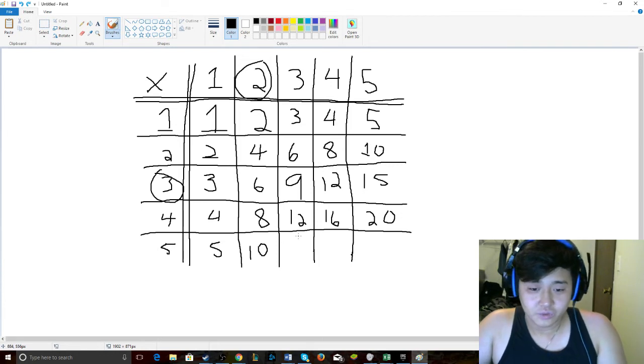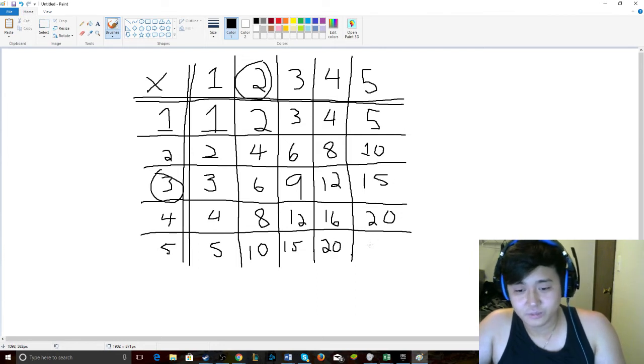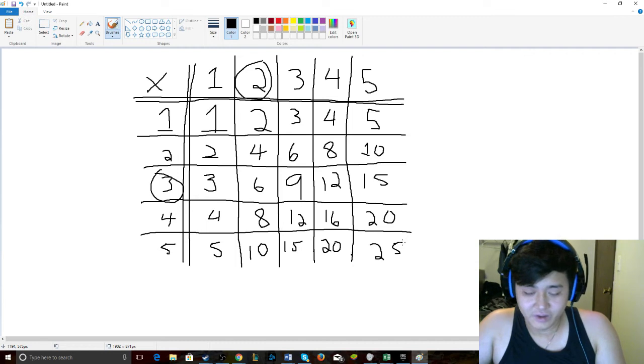Now we have 3 times 5, and that's 15. And then 4 times 5, which is 20. And now 5 times 5 is going to be a new one on this table, and that'll be 5 groups of 5. So if you did 5 plus 5 plus 5 plus 5 plus 5, you'd get a total of 25.